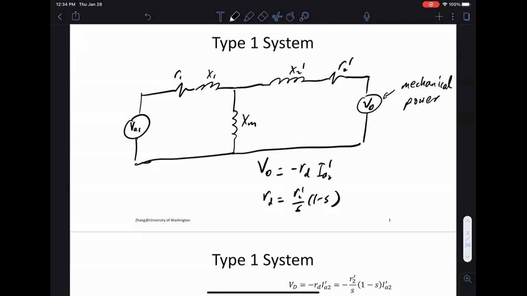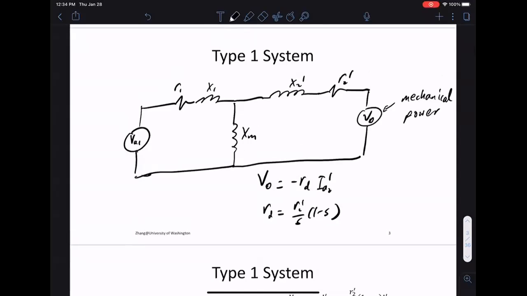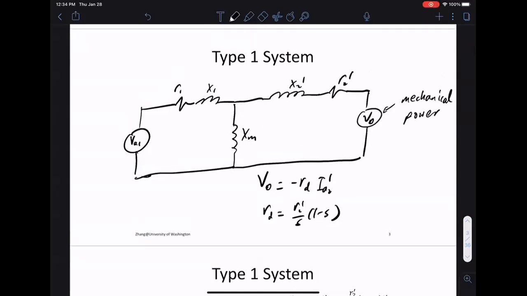When you look at the circuit, compare the size of XM to X1 or X2. When we're doing calculations, often we don't work with this circuit because there's a shunt element, this XM. How does the value of XM compare to, say, X1 or X2 prime?